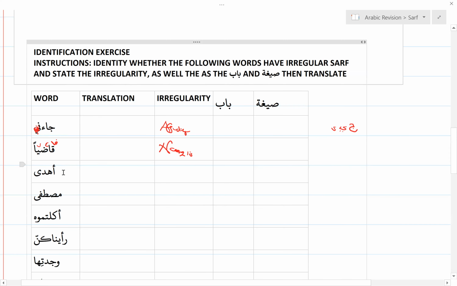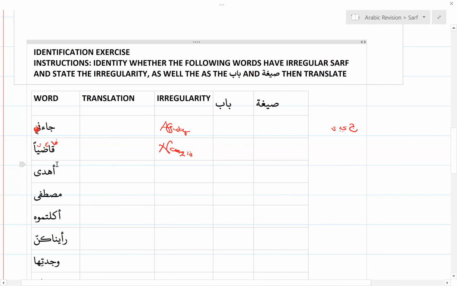Only the context will tell you, is it ism tafdil or is it aslama family, a fi'l madi? So this one, only the context will tell you how it is used. But let's say maybe we can pick one. Let's go with ism tafdil. Let's make it complicated for ourselves.